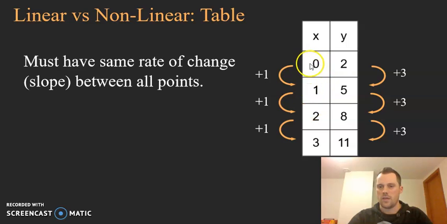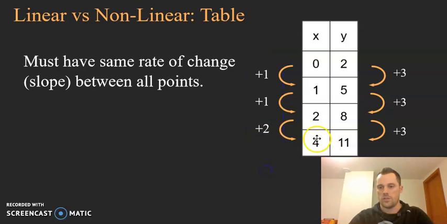Be careful if the change is not the same throughout your x values, because this could be a jump from 2 to 4, and these are all plus 3, and at a quick glance we might miss that this actually wouldn't be a constant rate of change between these last 2 points.